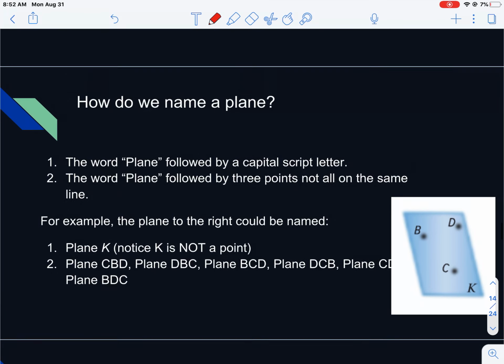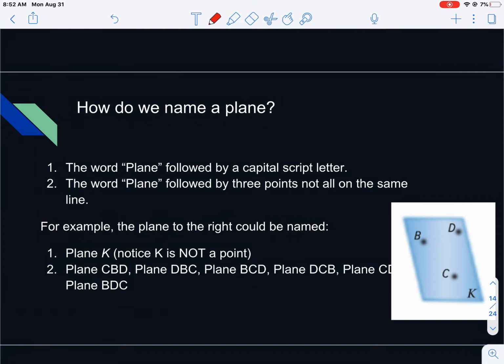Okay, how do we name a plane? So we name a plane by using the word plane followed by a capital script letter, or the word plane followed by 3 points not all on the same line. So if we look below, plane K, right? K is the capital script letter right here. Notice this plane looks kind of like a piece of paper or something like that.